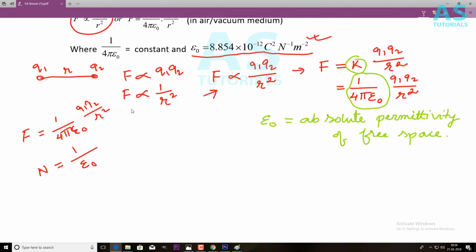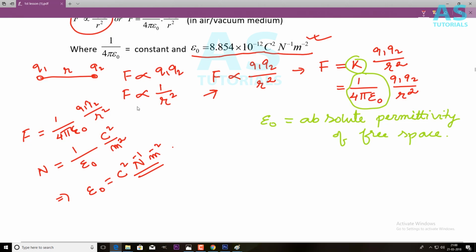Q1, Q2: you have two charges, so Coulomb square, divided by r for the distance, meter square. So from it, you get epsilon naught is equal to Coulomb square per Newton per meter square. This is the SI unit of absolute permittivity of free space.